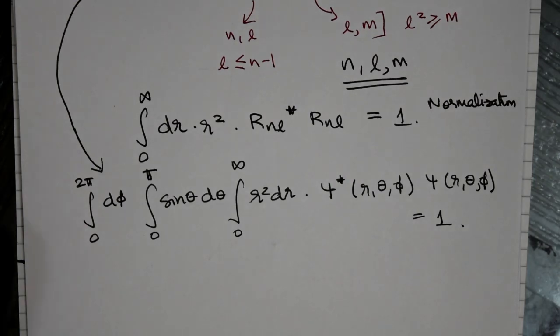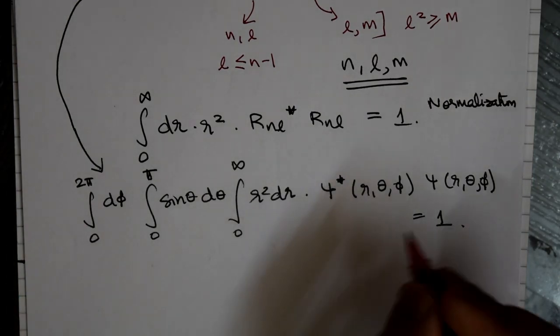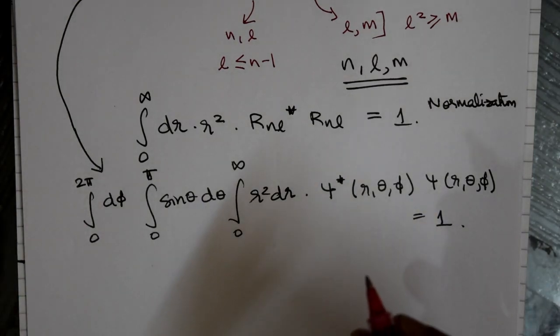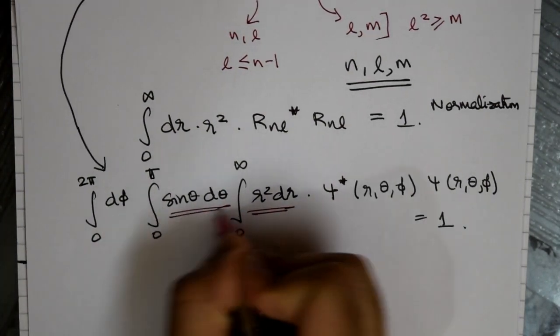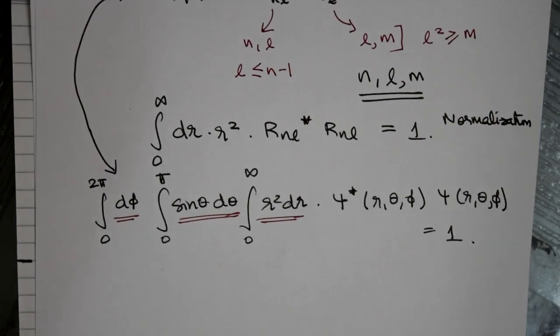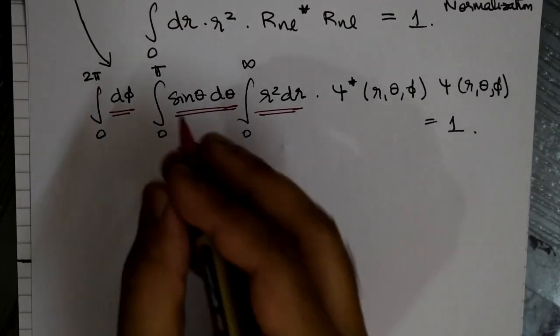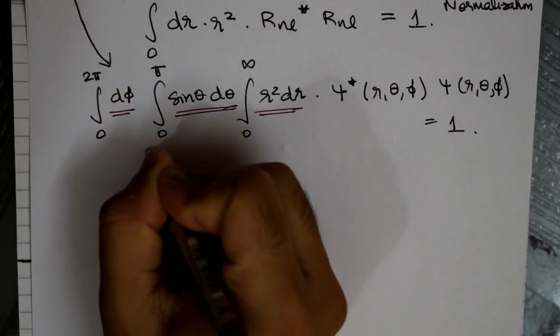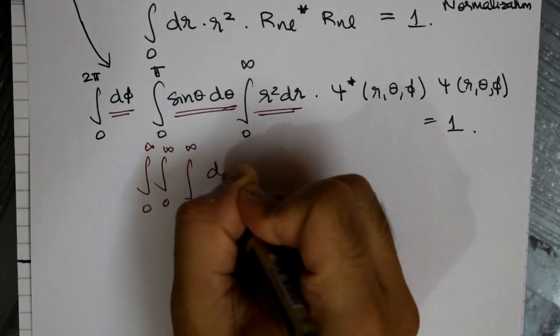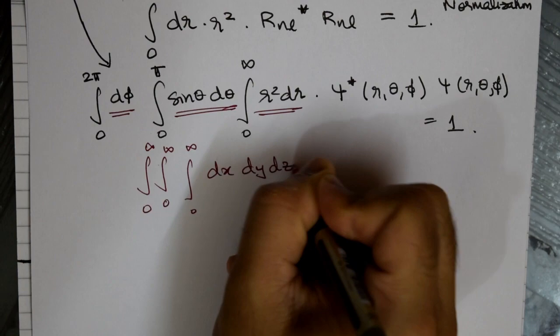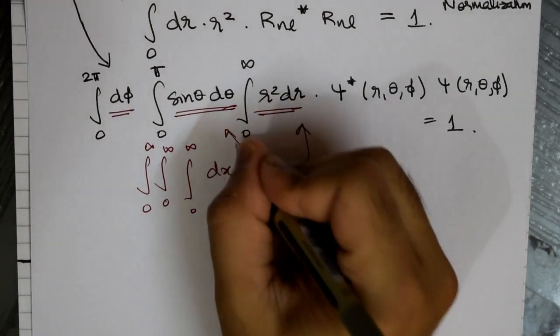And whenever you have different sets of equations that lead to orthonormality, one is able to appreciate that these come about because whenever you integrate over all space, you have something like 0 to infinity in the Cartesian, 0 to infinity, 0 to infinity, with dx, dy, dz, that gets converted to each of this form.